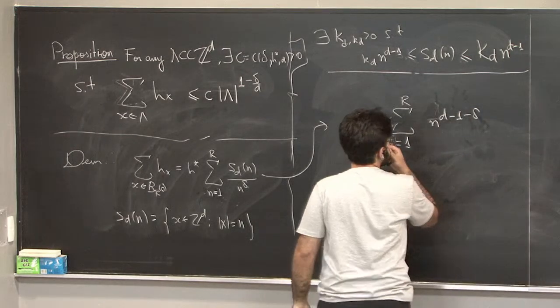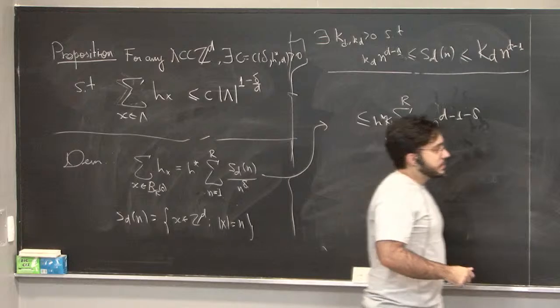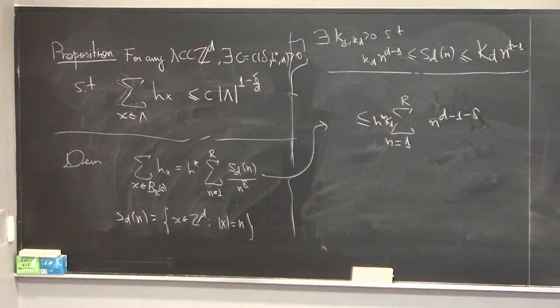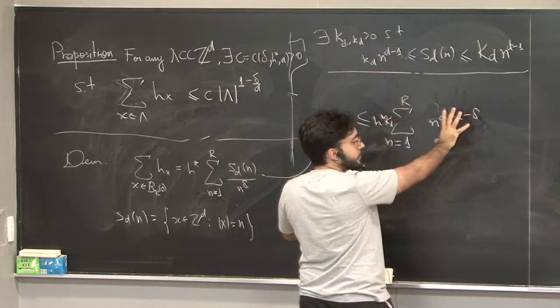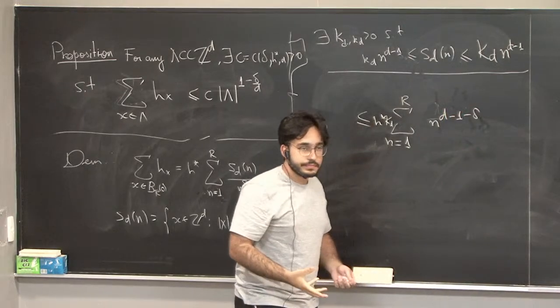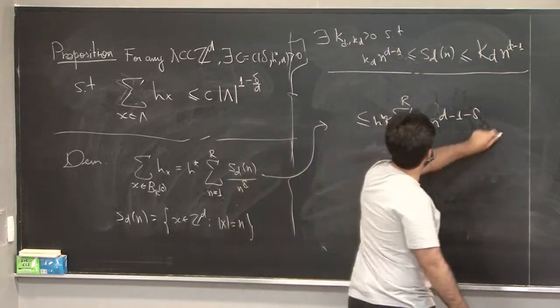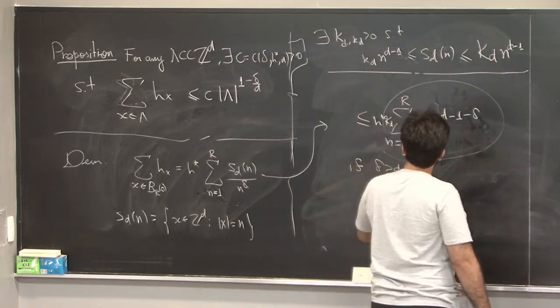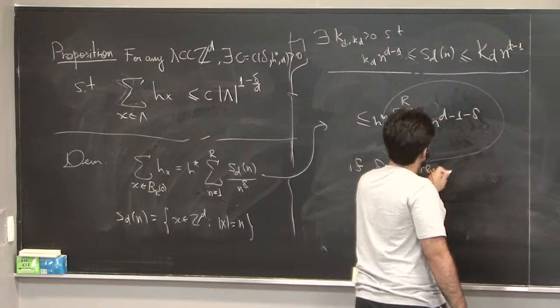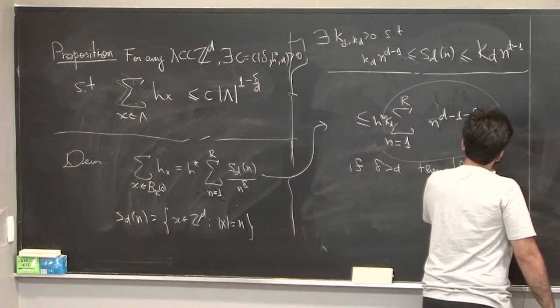So what happens in this case when delta is strictly larger than d? Then this sum over here converges.